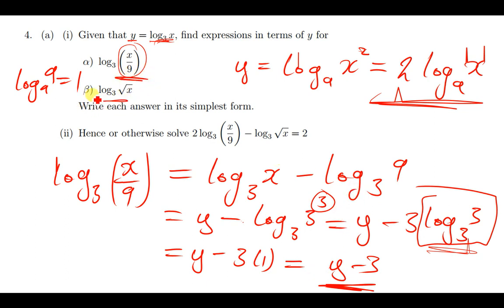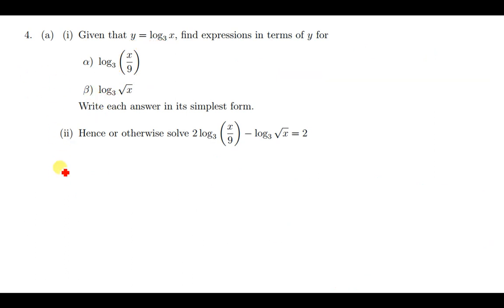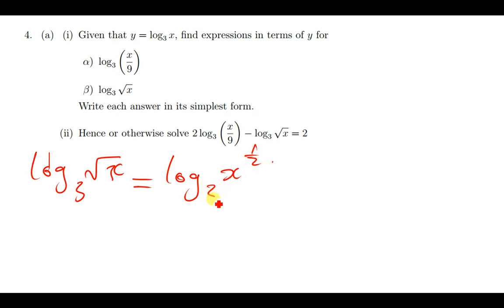Let's also do that one. So this one is also just log the root of x base 3, which can also be expressed as log x to the power half, then base 3. So this half can also drop down.